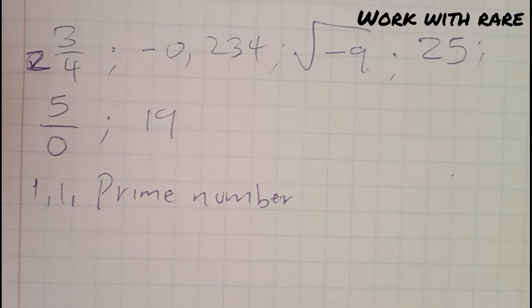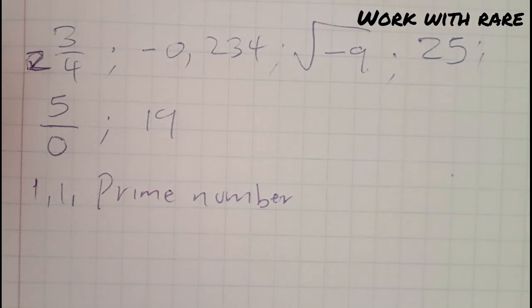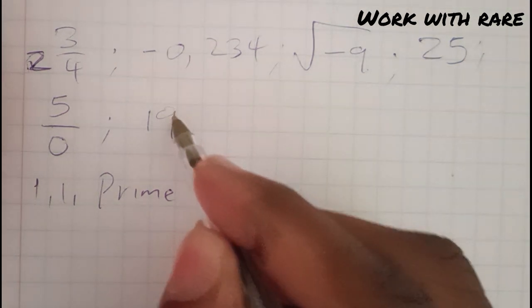So there are 3 factors, and a prime number has 2 factors, like 1 and itself. When we say 5 is a prime number, it's 1 and 5, only itself. You get it? So from these numbers, which one is a prime number?